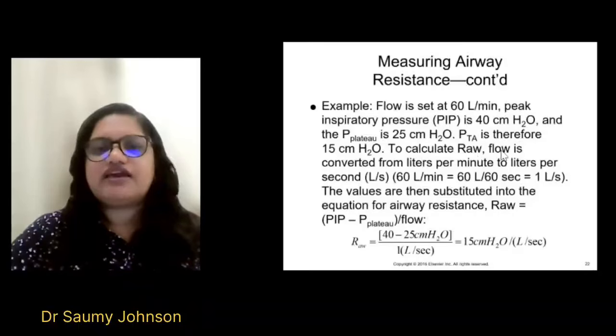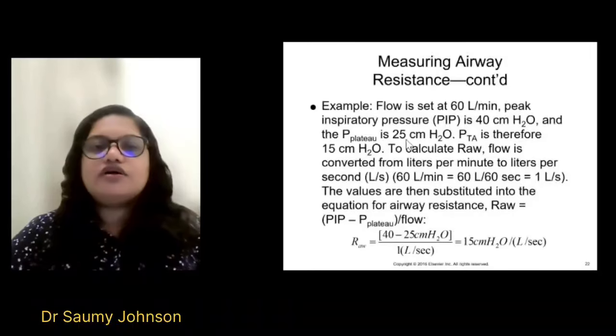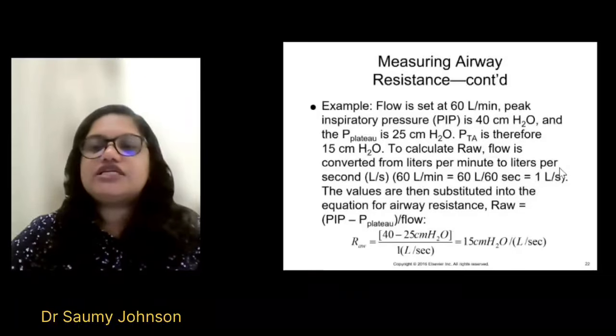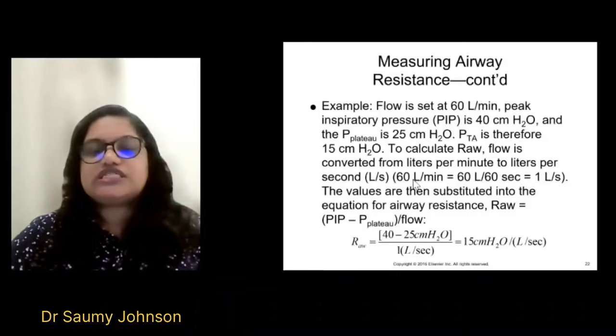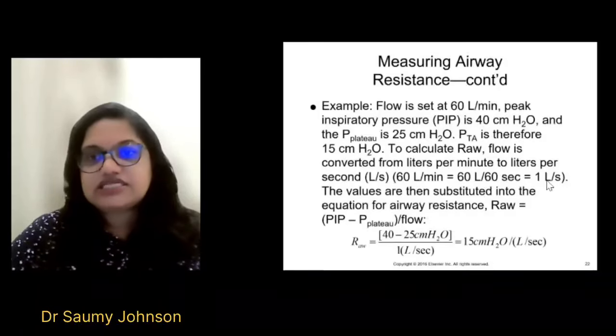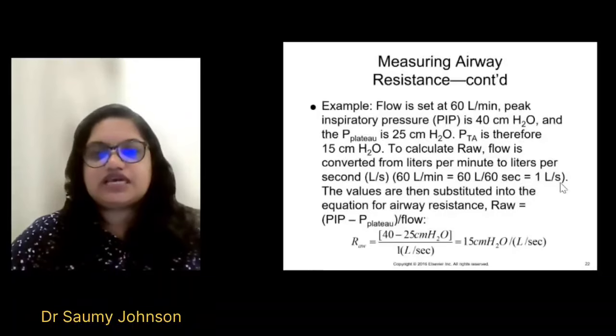So to calculate the airway resistance, flow, which is given at 60 liters per minute, is converted from liters per minute to liters per second. So 60 liters per minute is 60 liters divided by 60 seconds. So it becomes 1 liter per second.